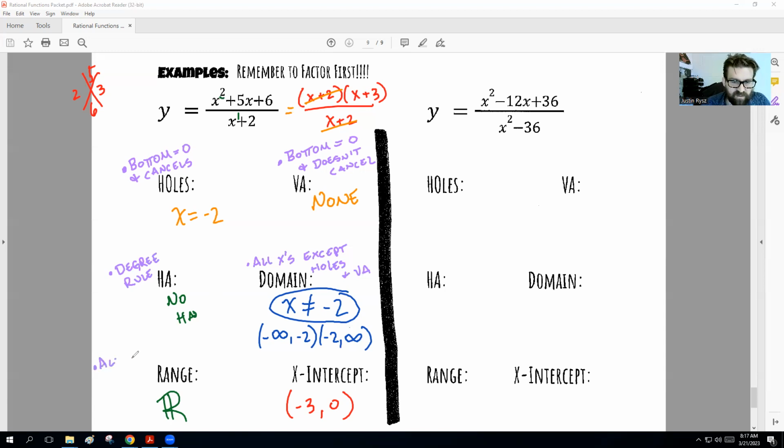Range: we're talking about all the y's except our horizontal asymptote. We didn't have a horizontal asymptote, so it is all the y's. It's all real numbers. And then our x-intercept is when the top equals 0 except the holes.